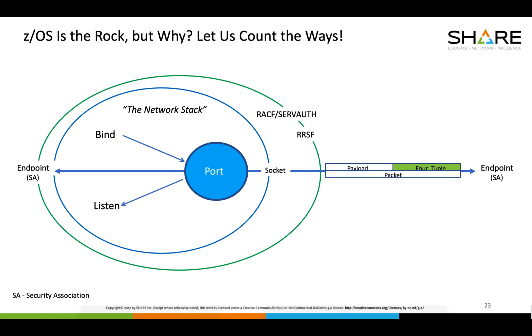Now, there are a number of controls that are provided by RACF in its SERVAUTH class. The RACF SERVAUTH profile class has 26 different profiles that can be set up to protect ports, to protect net access, to protect the stack itself, to protect VIPAs, to protect digital certificate access servers, just any number of components within the network environment that can be protected by SAF and ultimately protected by RACF.